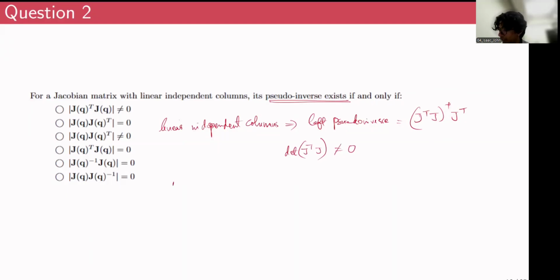Because we know for any matrix A, its inverse would be nothing but adjoint of A by determinant of A. And this would only exist if determinant of A is not equal to 0. So the same logic applies for J transpose J. Determinant of J transpose J should not be 0. So in that regard, the correct answer is option A, I believe.